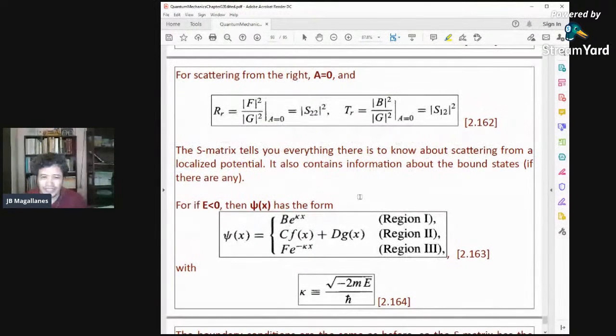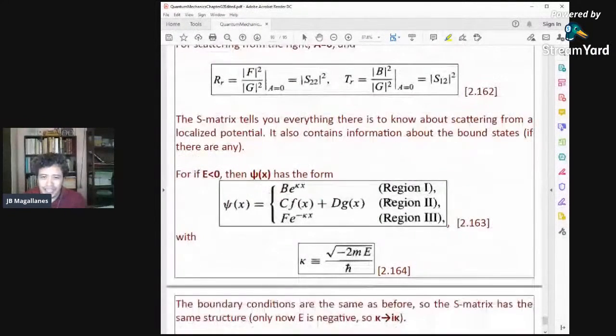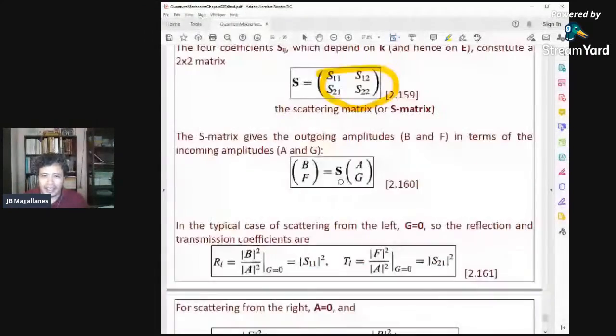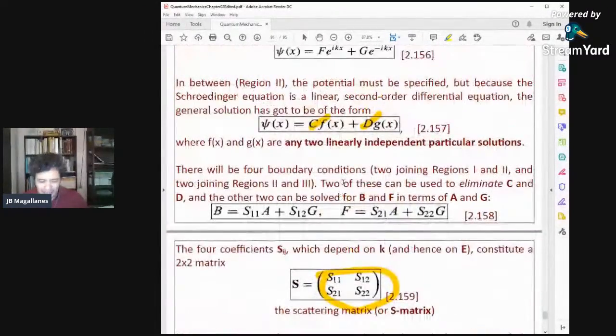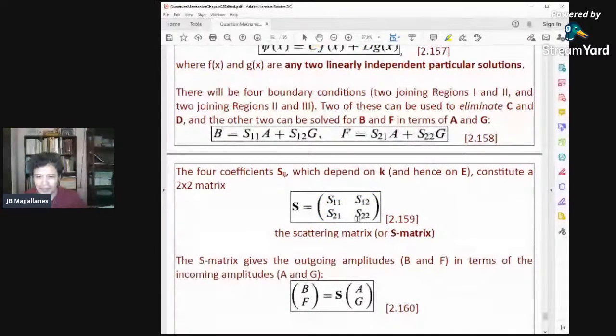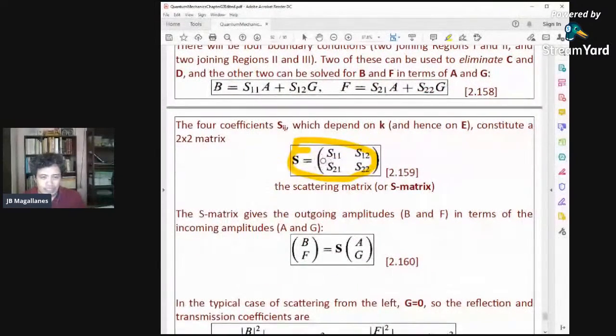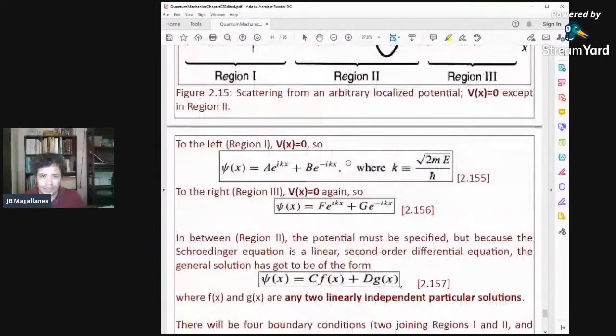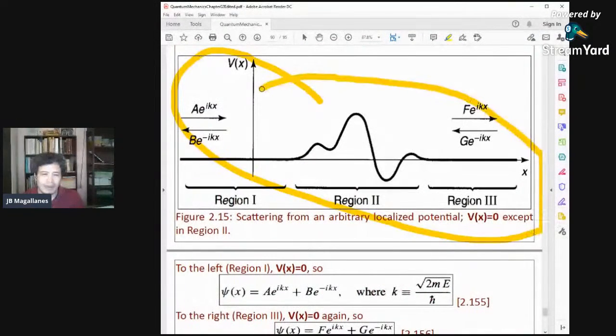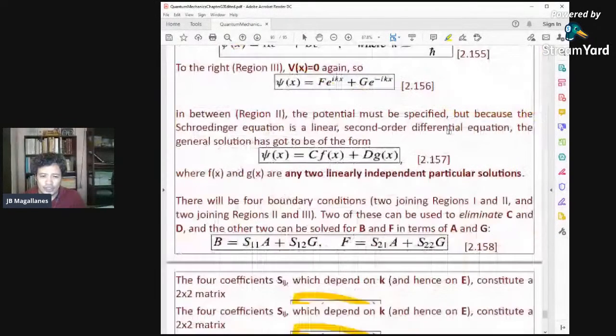So you are looking at the scattering matrix, but you can also get the bound states of this situation out of it.